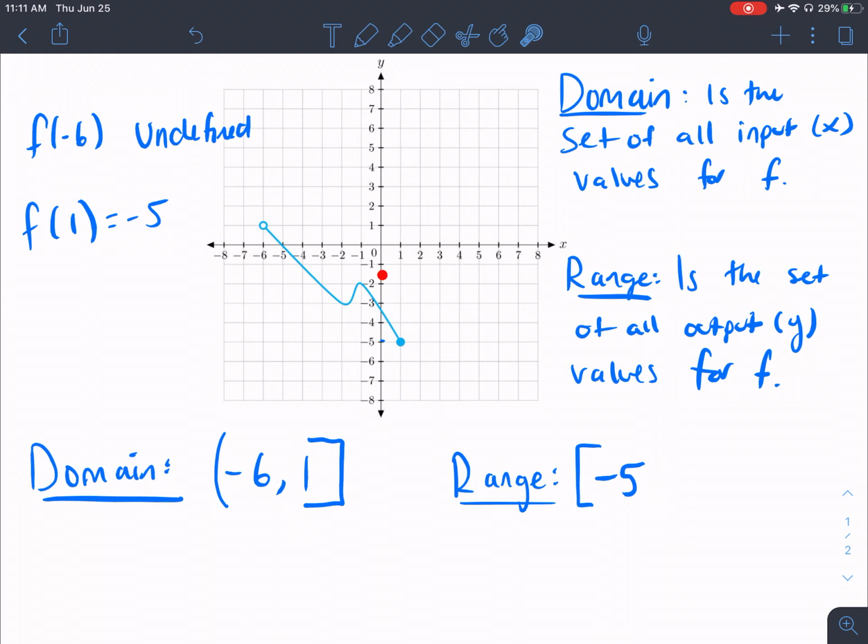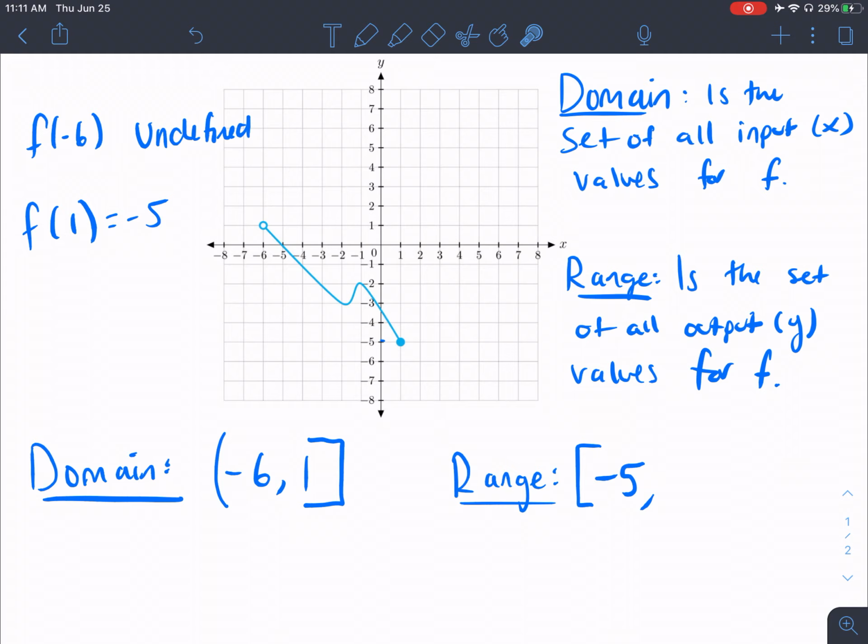We keep going up, and we notice that at +1, it seems to stop. That's where the last possible output value is. But because at 1 we have an open circle, this graph does not include a point that has the y value 1 as the output.